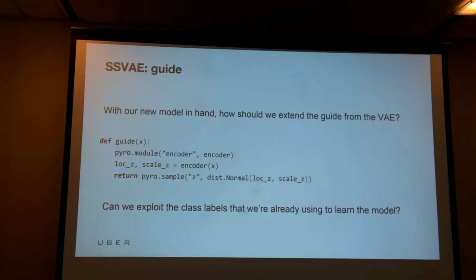We have this guide that we built that was a small conceptual leap, which seemed pretty useful. How can we extend this to also handle this y variable? In particular, we'll need to find a way to encourage the guide to exploit the class labels, to exploit y as class information.